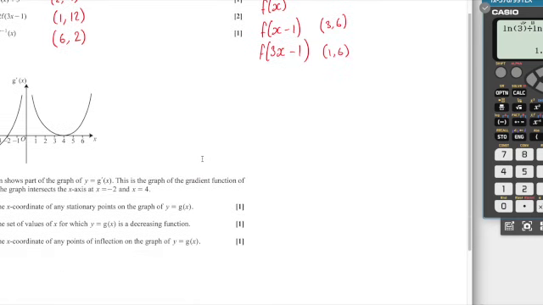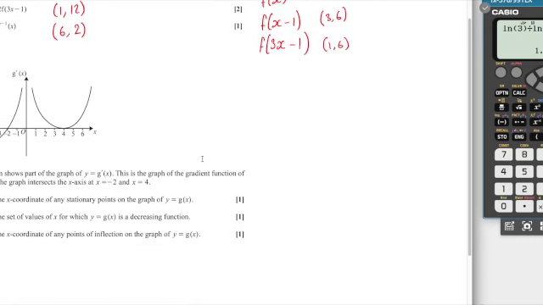The diagram shows part of the graph of g dashed of x, so this is a gradient graph. The graph intersects the x-axis at x equals -2 and x equals 4. State the x-coordinates of any stationary points on the graph of y equals g of x.